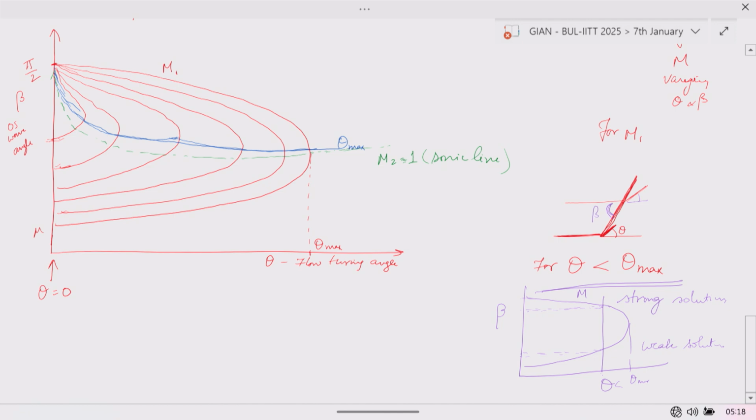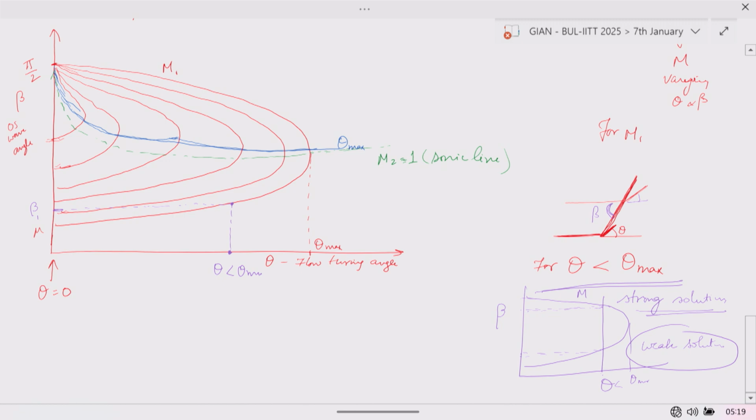We don't know whether we are going to have the strong solution always, but from the research and from the established literature, we will always have the weak solution. So that is what we see here. For example, for a given value of theta less than theta max, for that value of M1, you have this value here, beta 1.